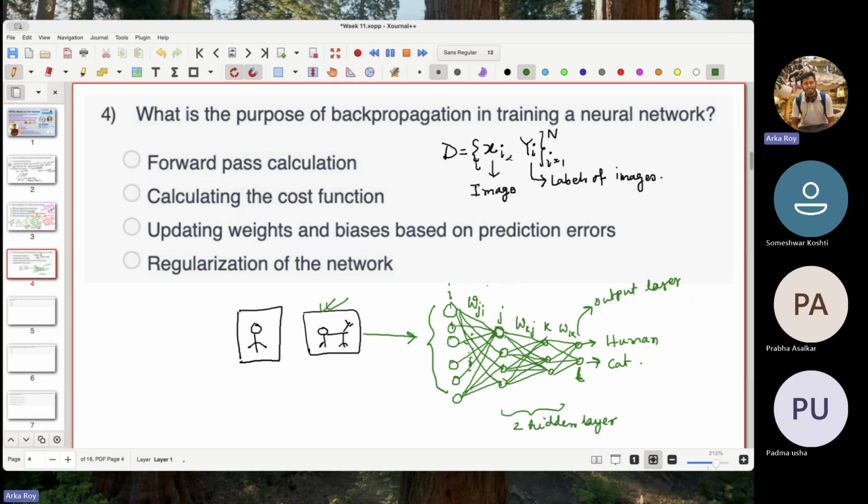Now, all these weights, initially WJI, WKJ, WLK, are randomly initialized.